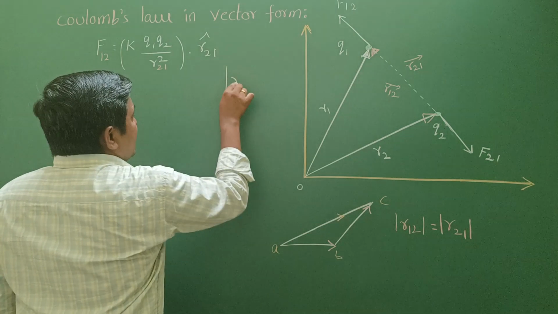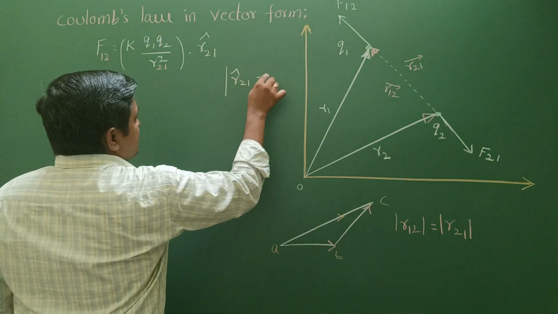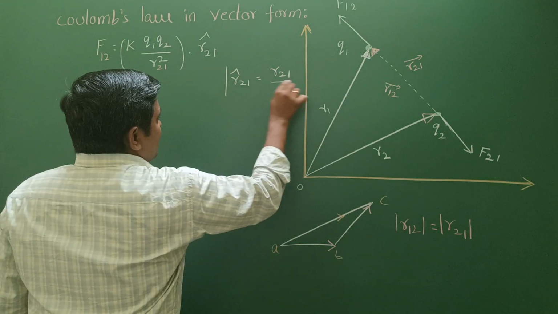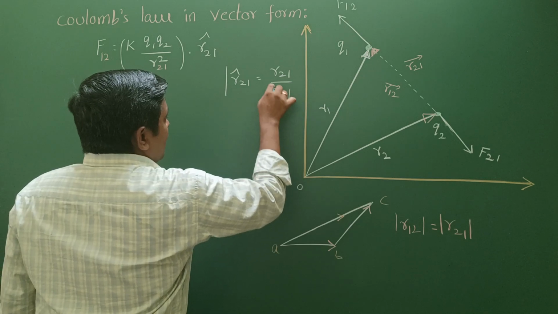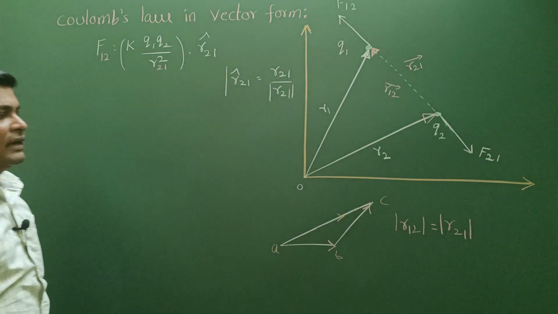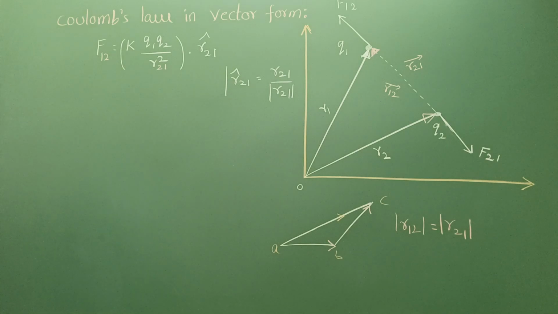So what can you write? R2 to 1 cap is equal to vector R2 to 1 by magnitude of R2 to 1. So this is the form.